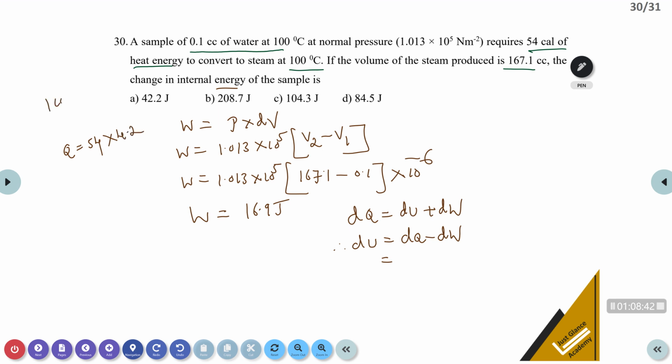We know that 1 calorie equals 4.2 joules. Multiply 54 into this, and this comes around 225.72 joules. Substitute this: 225.72 minus 16.9 joules, roughly 17. The answer is 208 something. So this is the right choice.